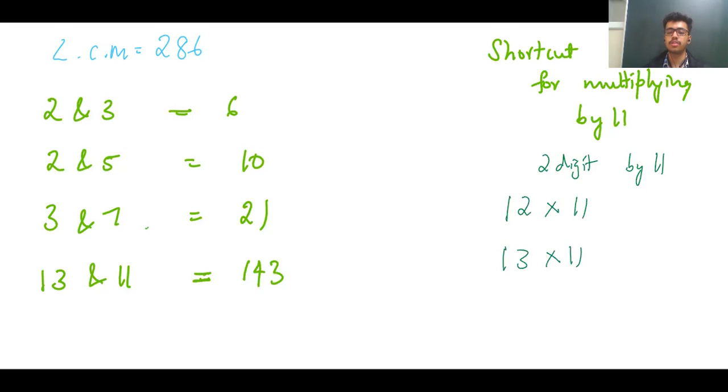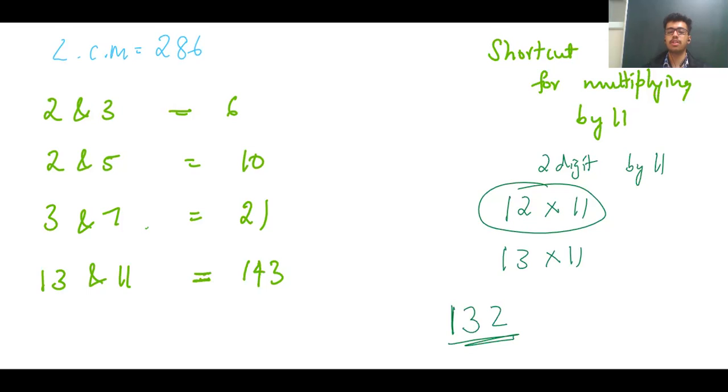What you have to do is, okay, let's take 12 into 11. First, write this digit 1, then add both the digits. 1 plus 2 is how much? 3. Write 3. Then write this last digit 2: 132. So 12 into 11 is 132.